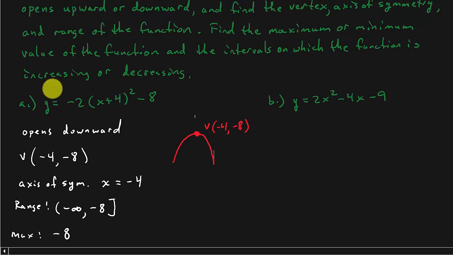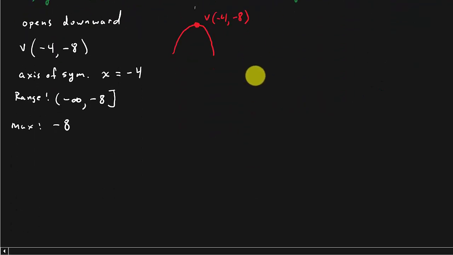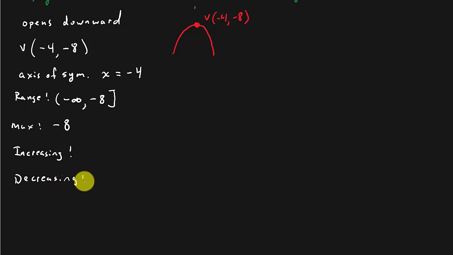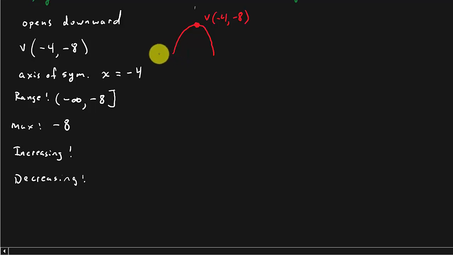Now we want to see increasing or decreasing. So let's see increasing, and let's see decreasing. Where's this thing increasing? Where is it decreasing? You notice that the graph is increasing here. See, it's increasing, increasing, increasing, and once it gets here, it starts decreasing.